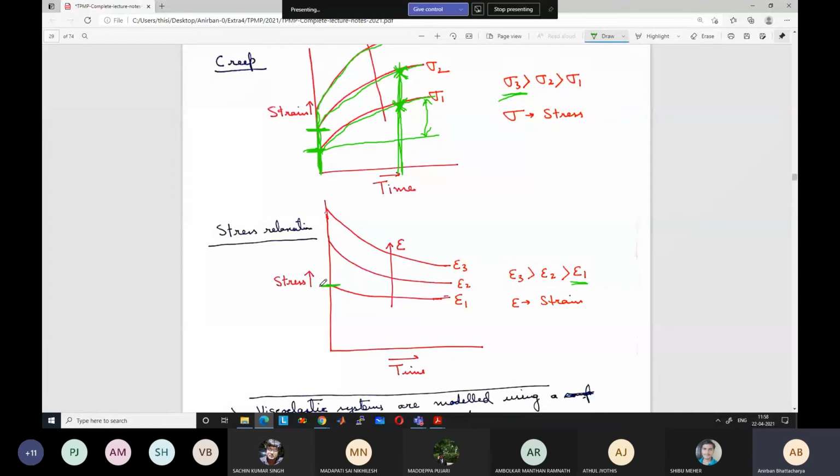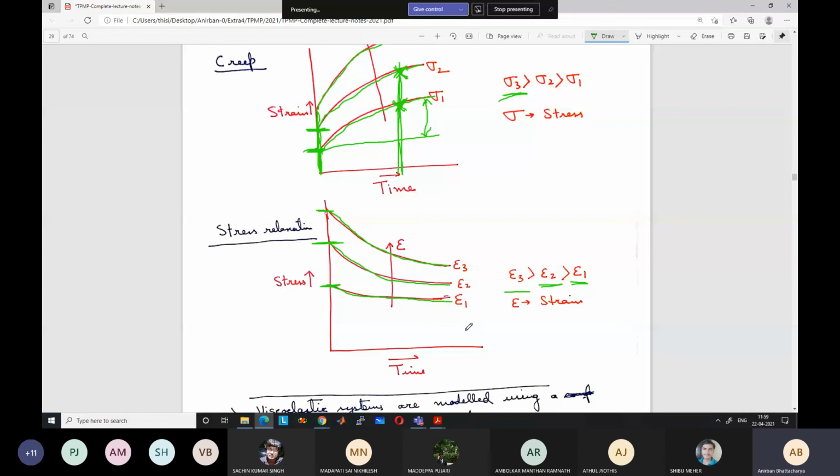Similarly, if you elongate by a longer distance, epsilon 2, the initial stress will also be higher, then with time this stress will decrease. This is stress relaxation. Again, if you elongate by an even higher distance, epsilon 3, the initial stress will be higher, and then it will again decrease further with time.